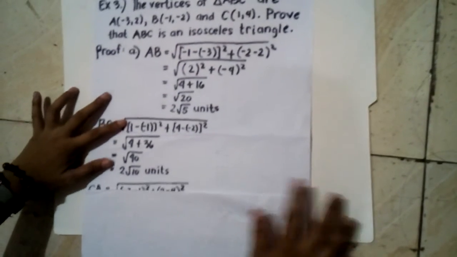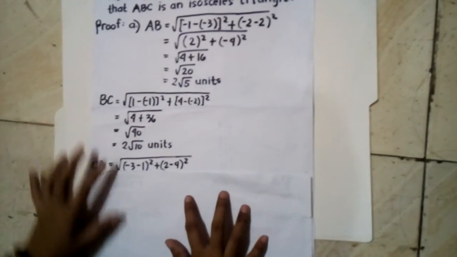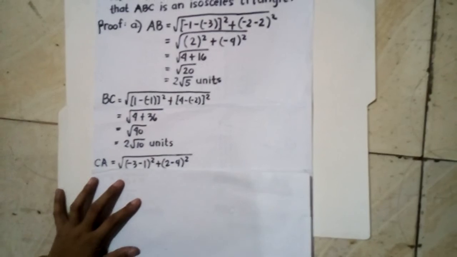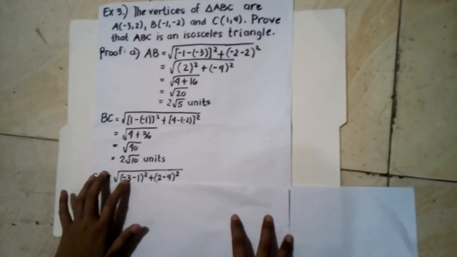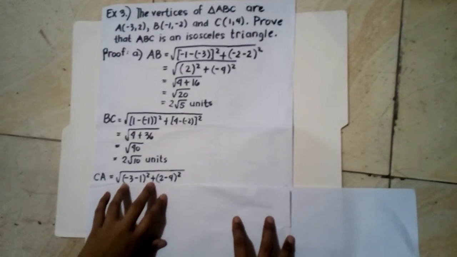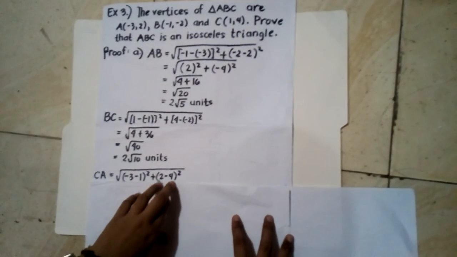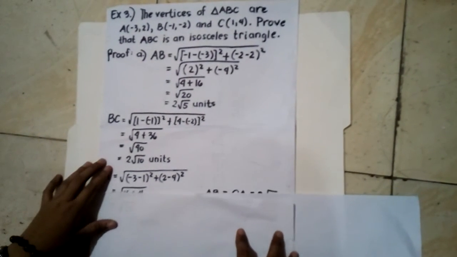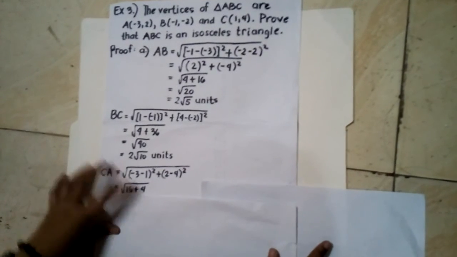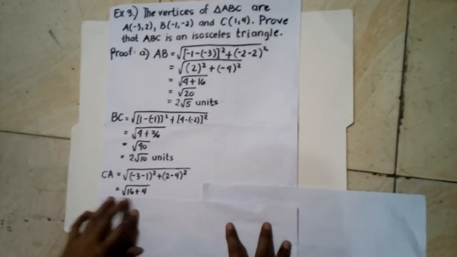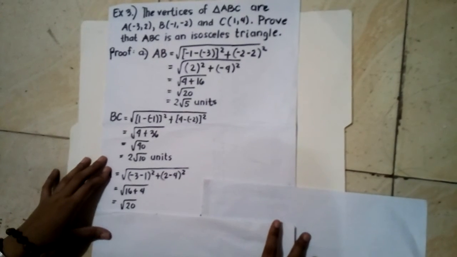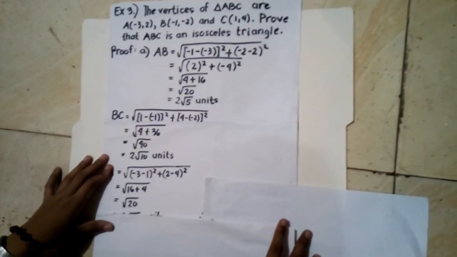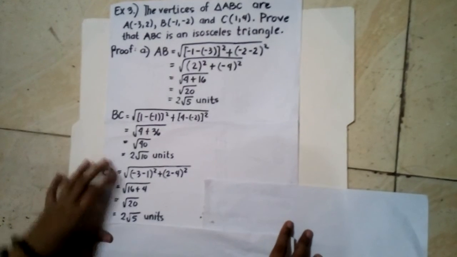How about the last side? We have the side CA. By substitution and by the distance formula, we have (-3 minus 1) squared plus (2 minus 4) squared, which is equal to the square root of 16 plus 4. The square root of 16 plus 4 is equal to the square root of 20. And by simplifying, we have 2 square root of 5.